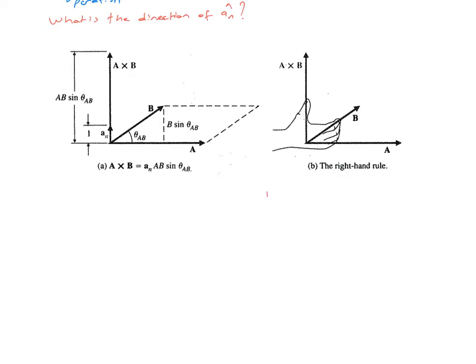If we are looking for B cross A, again using the right hand rule, by rotating B to A, the thumb of the right hand is pointing downwards this time.